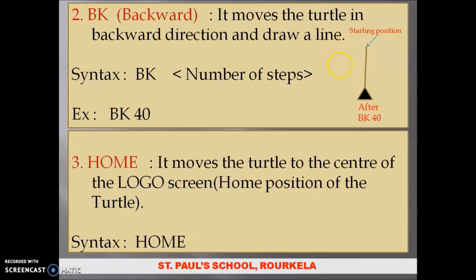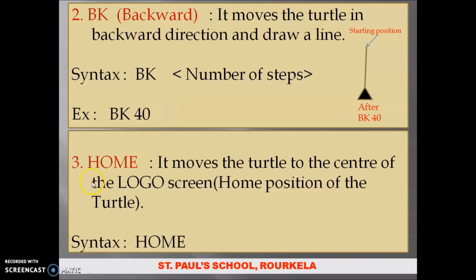So it moves 40 steps backward from its starting position and also draws a line. Here also the syntax is BK, then one space, then the number of steps. BK 40, then press enter. It moves 40 steps backward from its previous position.